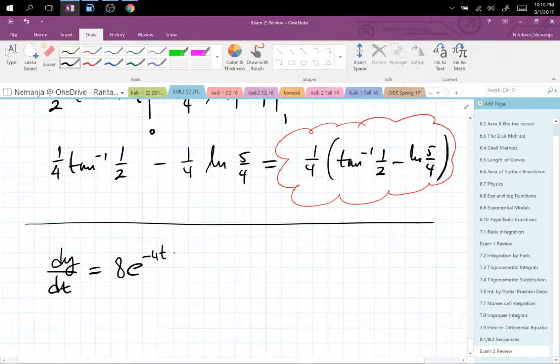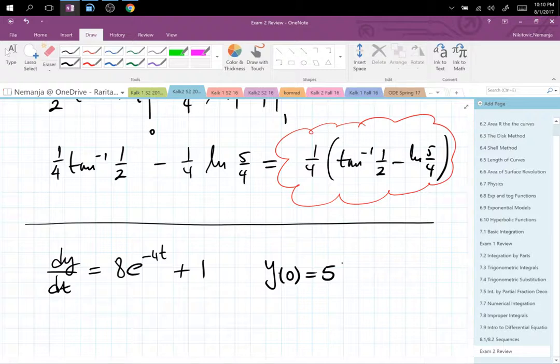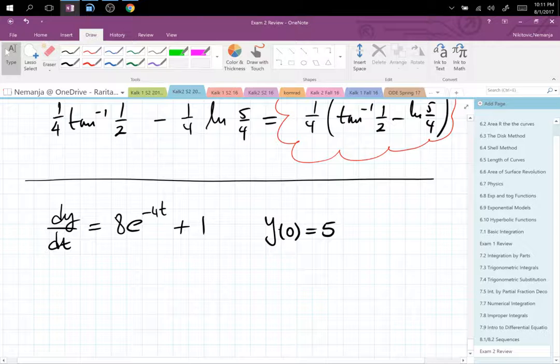And then below it says plus by 1. And then y of 0 is equal to 5. Same guys. Wait, we did this one in class. I don't have the notes, but I remember this problem. I think we did exactly this one in class. Okay. Then cancel it. Okay, what about this one? Nope.